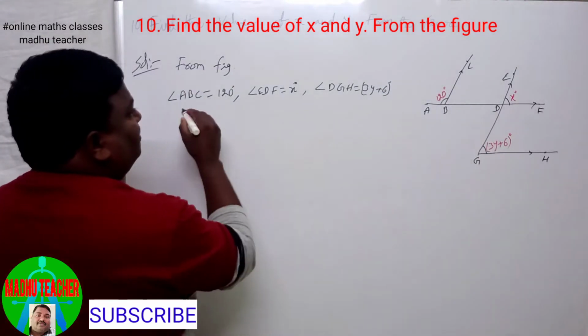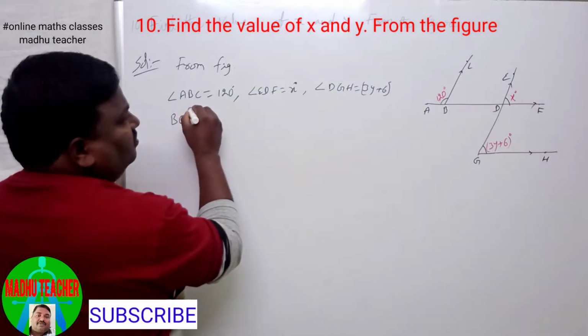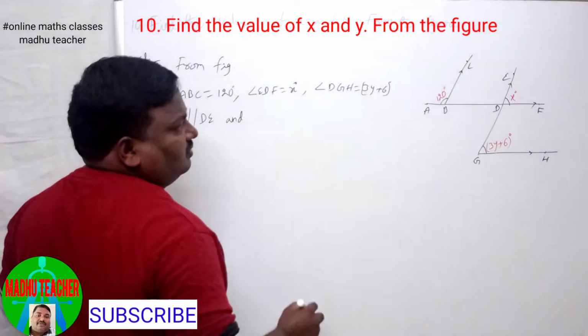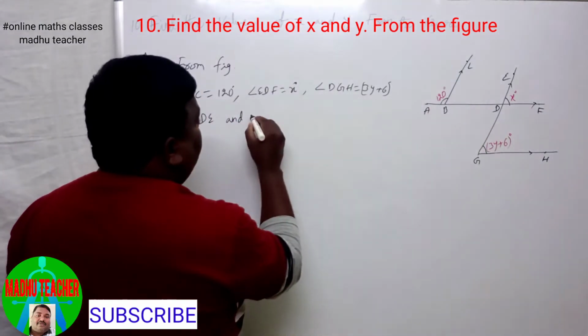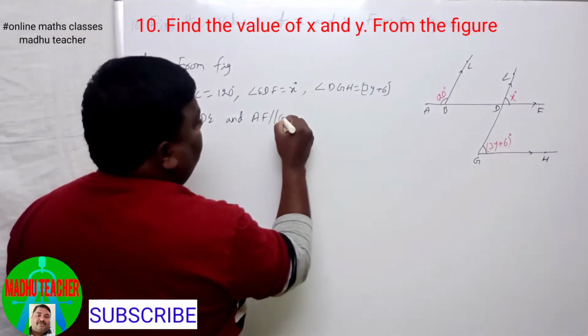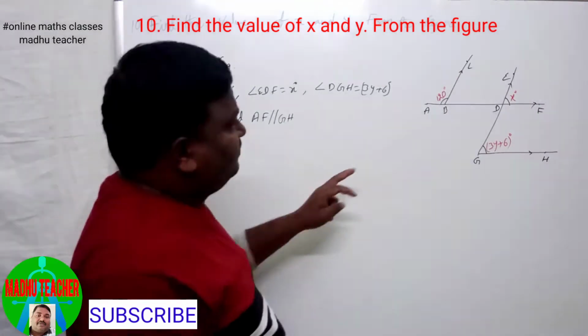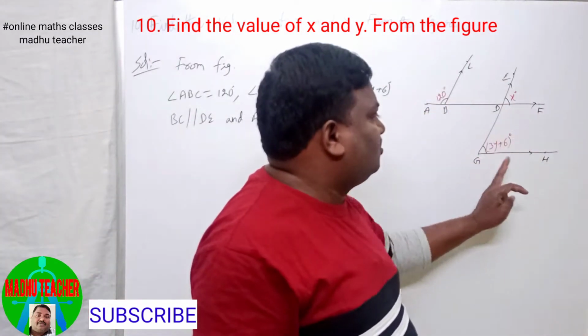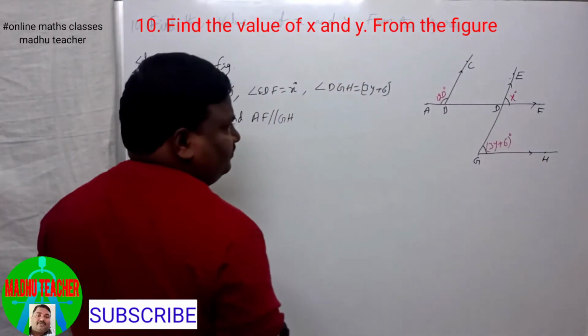Before that, BC parallel to DE and AF parallel to GH.